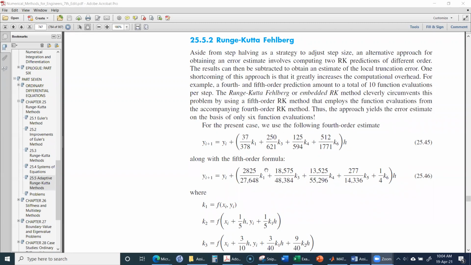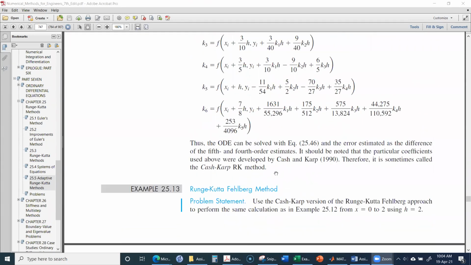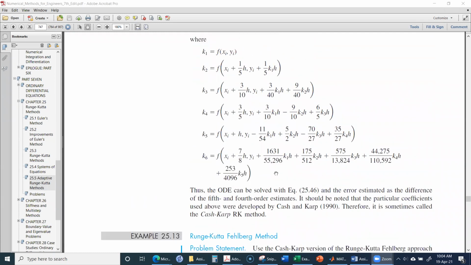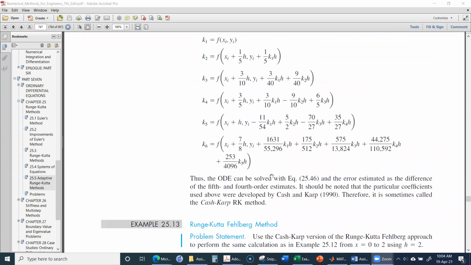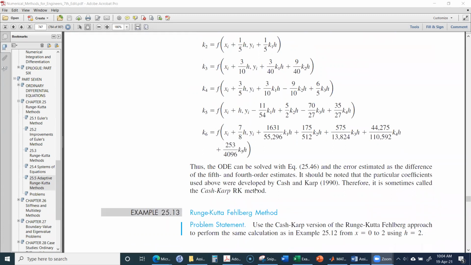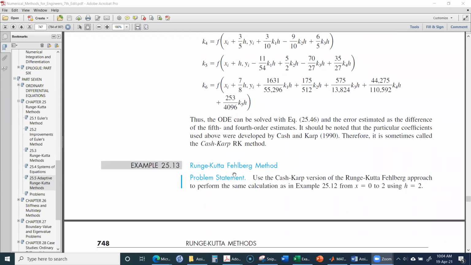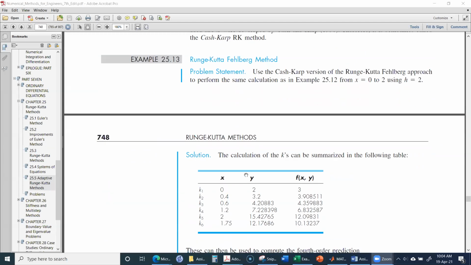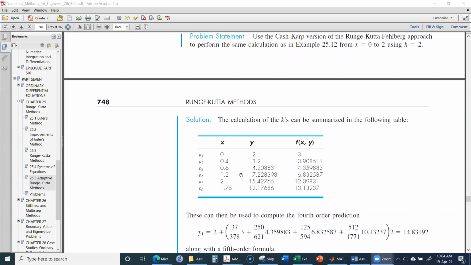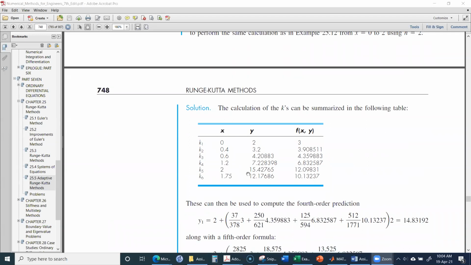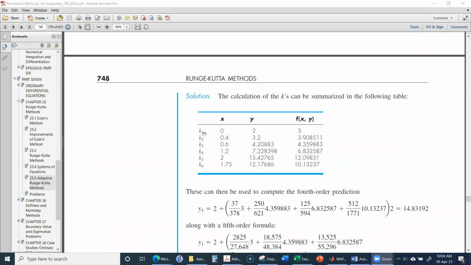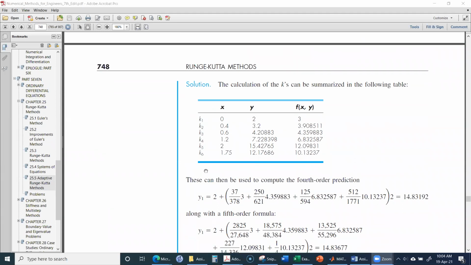The difference between the fourth and the fifth order values is the estimate of the error. For the Runge-Kutta-Fehlberg method, I also shared with you the Matlab program to find the values of the coefficients needed in this method, A1 to A6.